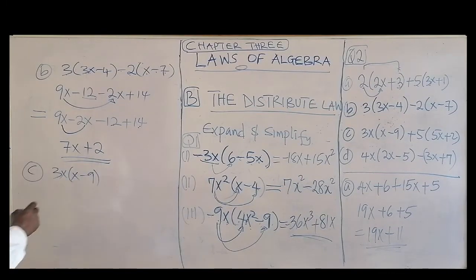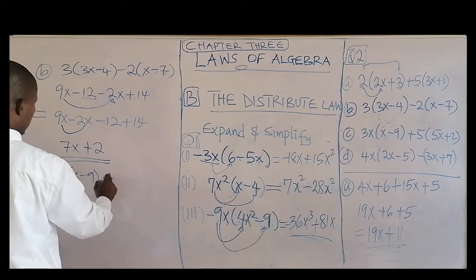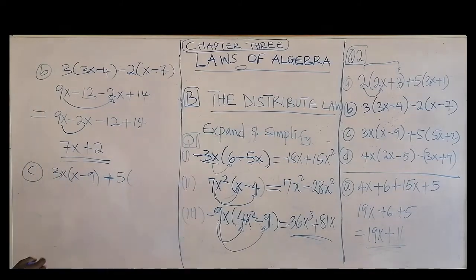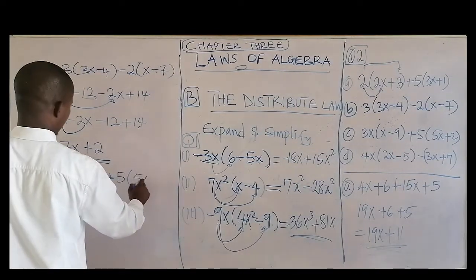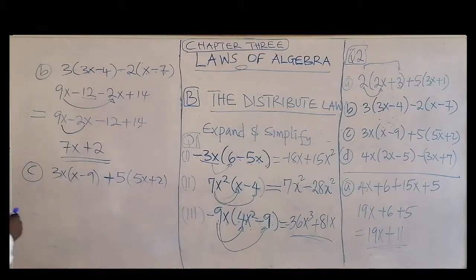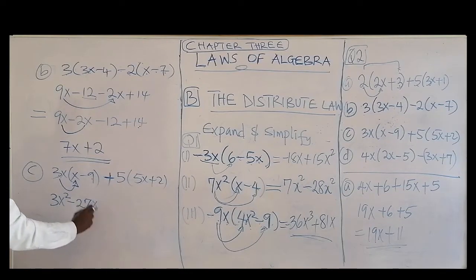Then the C part, 5 plus 5 times 5x plus 2. So this will be this one and this one, that's 3x squared. This one and this one, that's minus 27x.